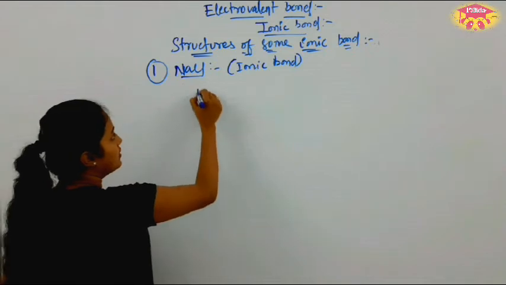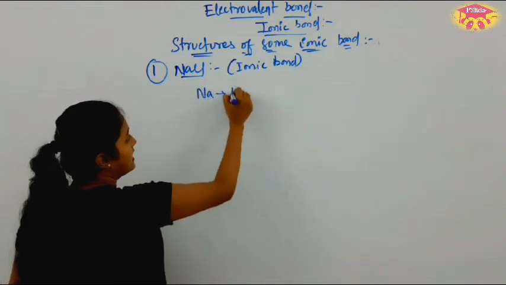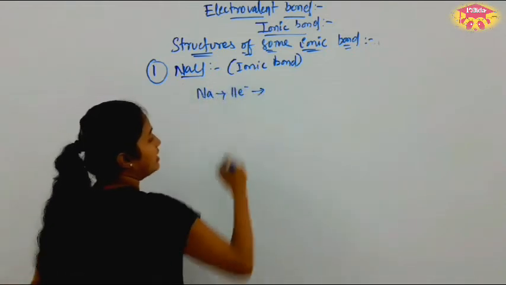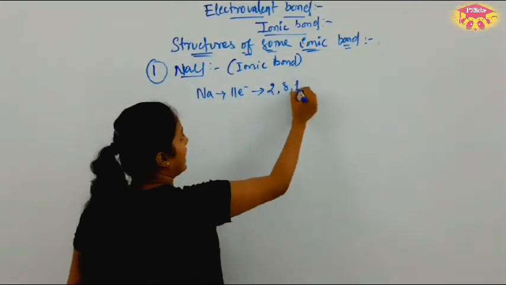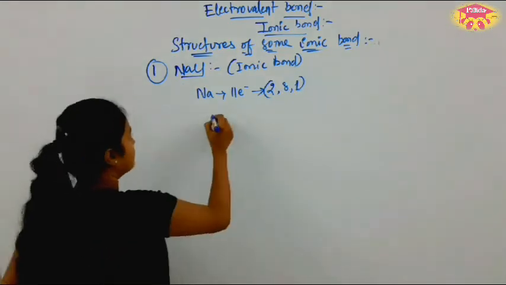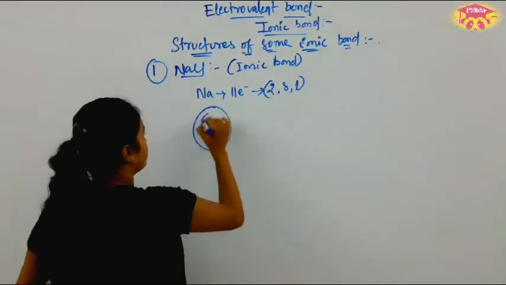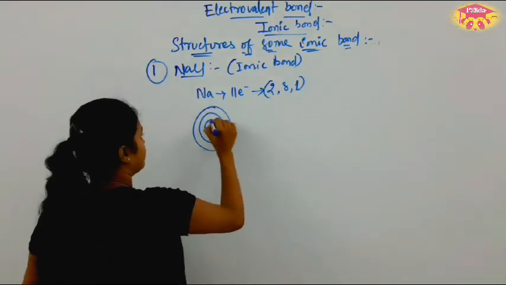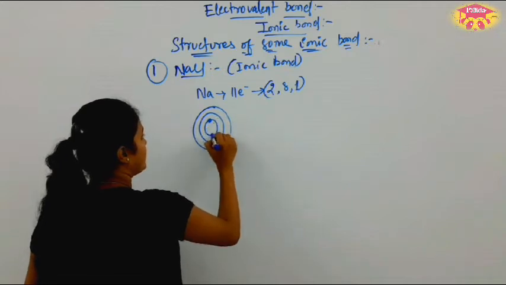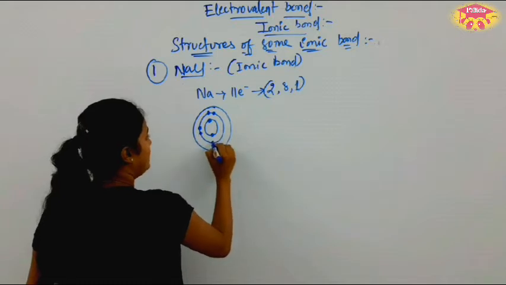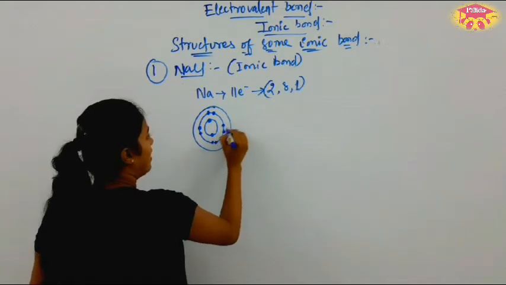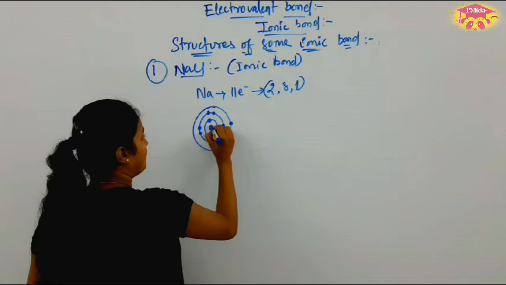Okay. Now the sodium atom has 11 electrons, right? That is 2, 8 and 1. 2 electrons in the first orbit, 8 electrons in the second orbit and 1 electron in the outermost orbit.